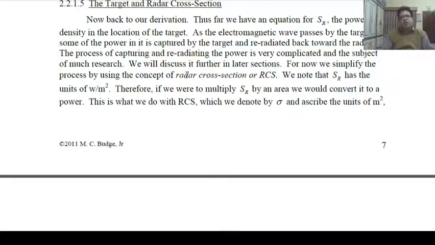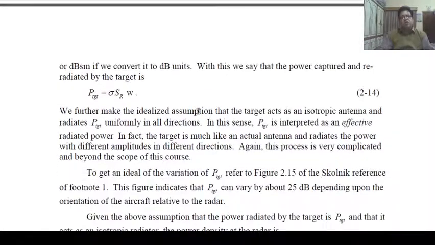For now, we simplify with the concept of radar cross-section. We note that SR has the unit watt per meter square. Therefore, if we were to multiply SR by an area, we would convert it to a power. This is what we do with RCS, which we denote sigma and ascribe the unit meter square or dBsm if we convert it into dB units.